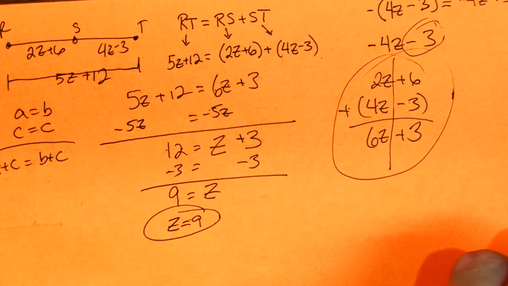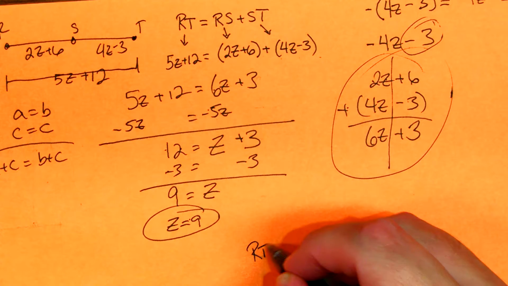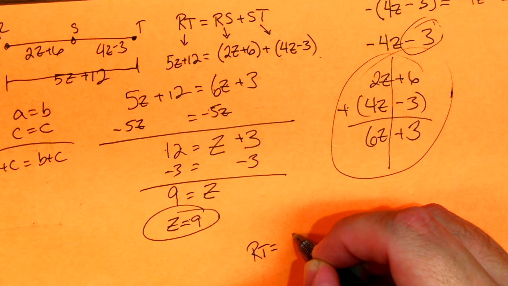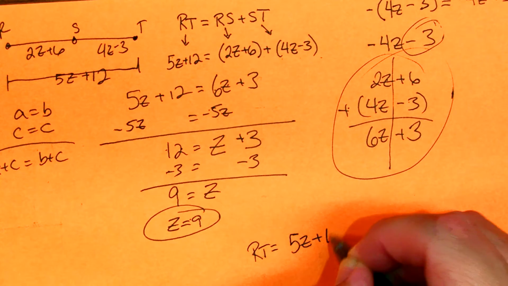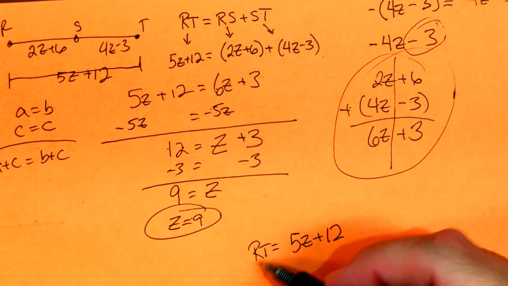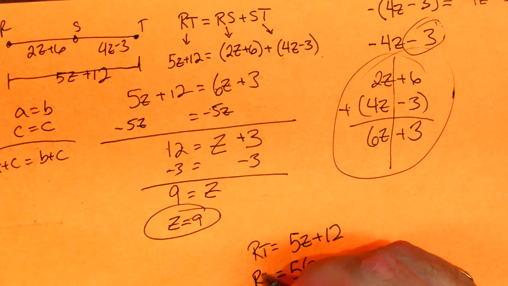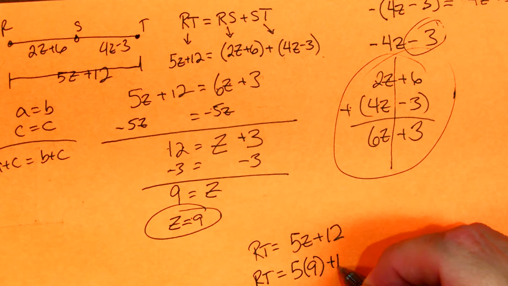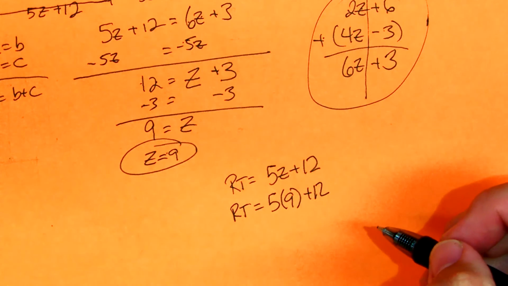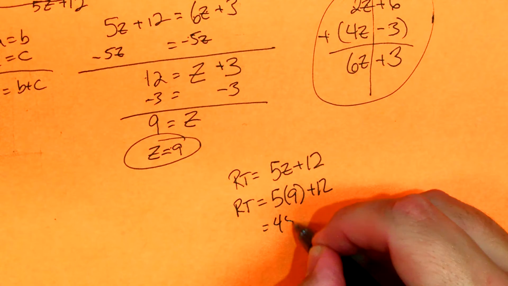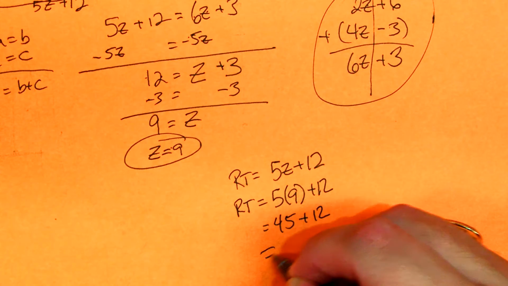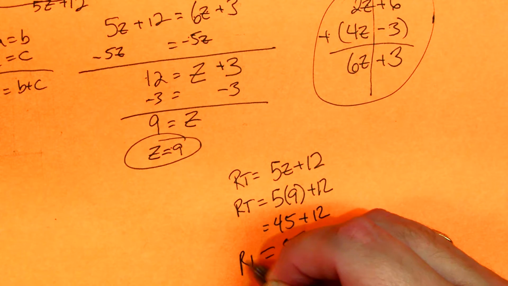But if we wanted to, we knew RT was equal to 5Z plus 12. If it asked us what RT was equal to, we'd say RT is equal to 5 times 9 plus 12. And so that's 45 plus 12. That's 57. So RT is equal to 57.